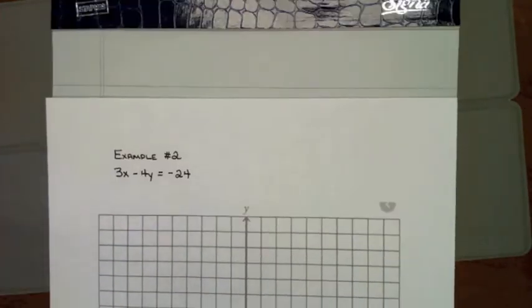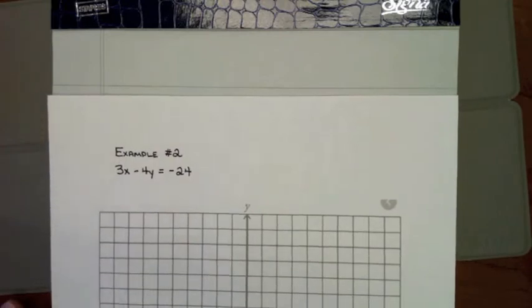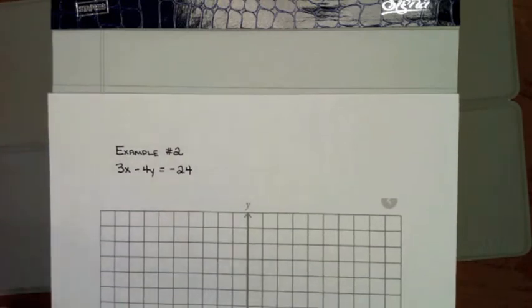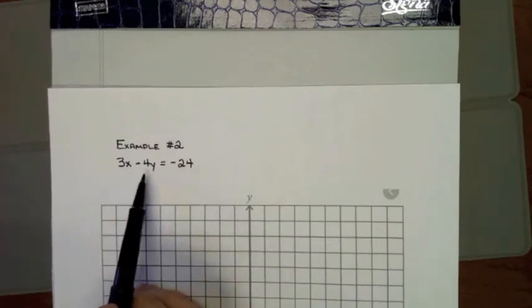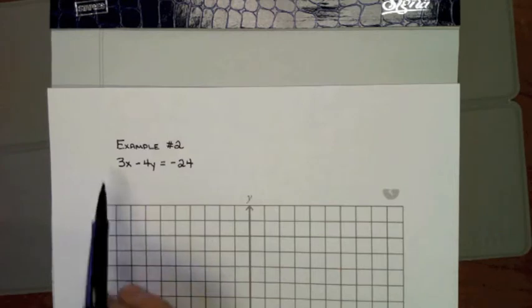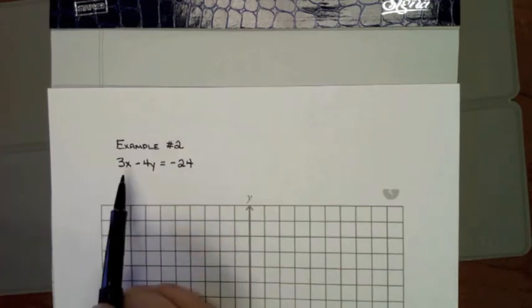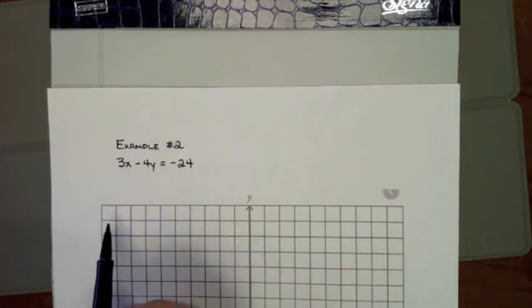So let's try it again. I'm going to graph this equation that's in standard form, and I can tell it's in standard form because all the variables are on the left side. They're in alphabetical order. There's no fractions. First one's not negative. What I need to do is find the X and the Y-intercept for this.